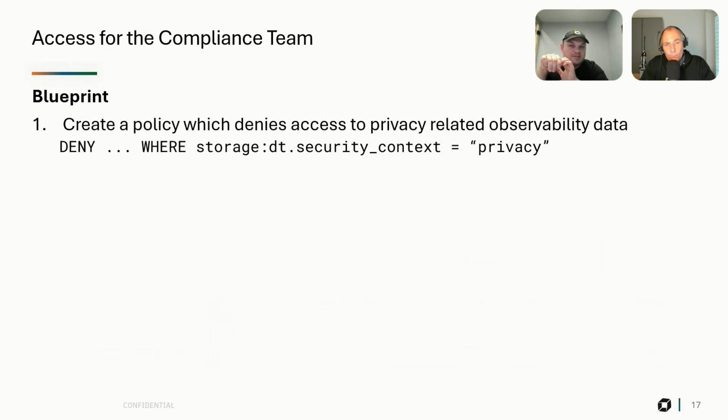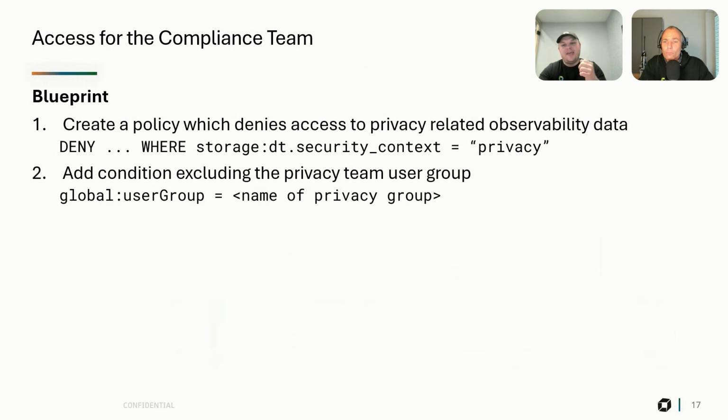So everything that's privacy, we will deny on a broad level. So we will deny all the access to the observability data, which is like with privacy. And what you would do then, you would add another condition that actually says, and the global user group equals or doesn't equal a certain name of the privacy group.